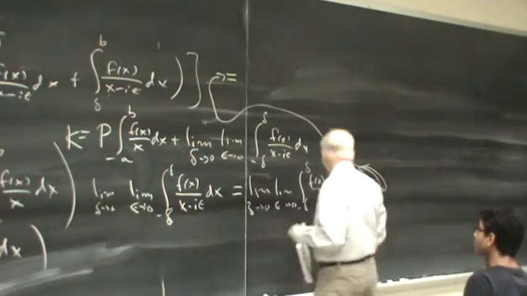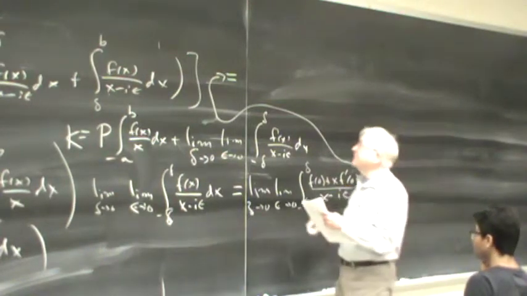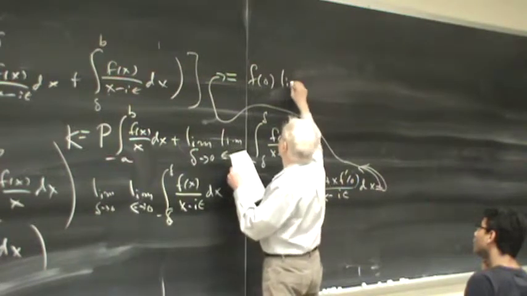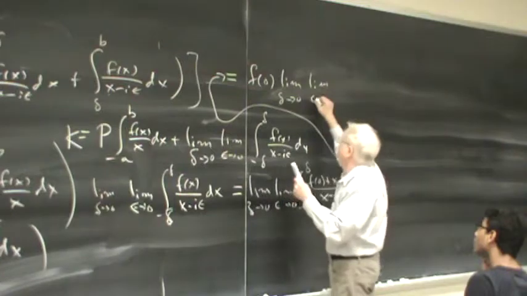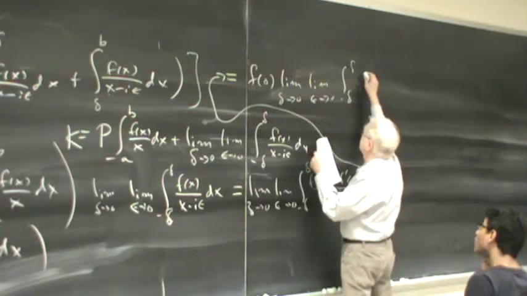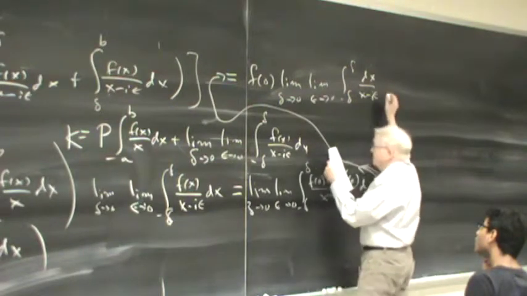The first one is the f of 0 term. So this we can factor out the f of 0, and we get f of 0 times the limit delta goes to 0, limit epsilon going to 0, of the integral from minus delta to delta of just dx over x minus i epsilon.